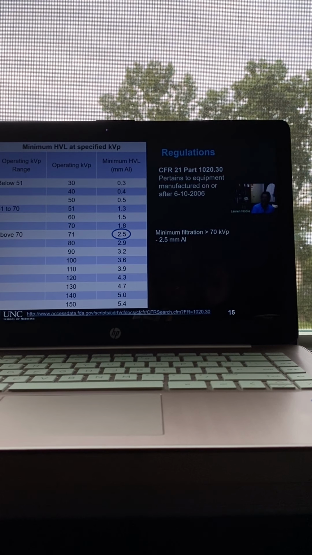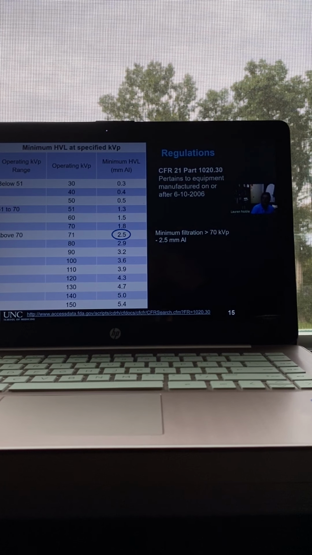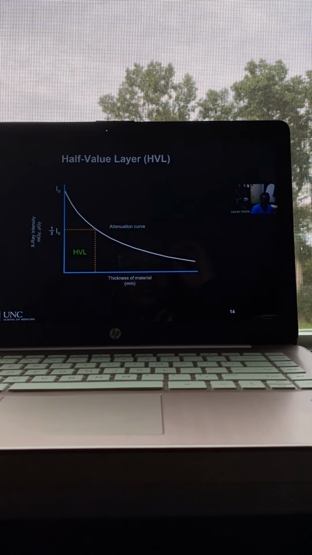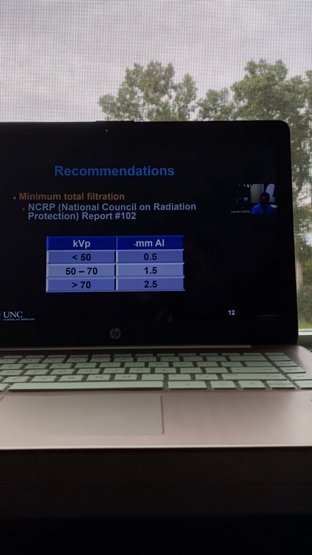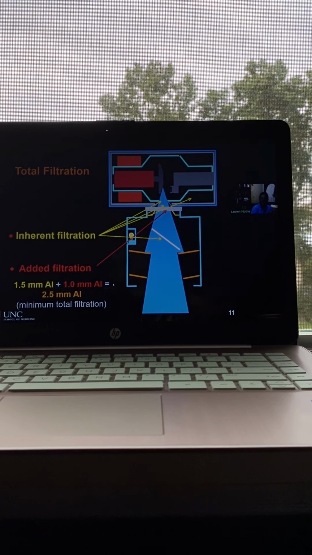So to kind of tie this together, because it can get a little confusing, if the vendors follow this recommendation, so when the manufacturers follow this recommendation and they manufacture the X-ray tube to have 2.5 millimeters of aluminum, that means that their inherent filtration is going to be 1.5 millimeters worth of aluminum filtration.